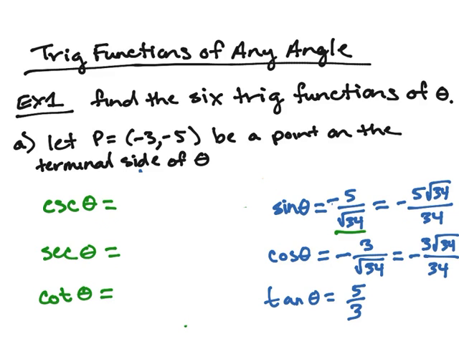So I want to look at this ratio for sine, take the reciprocal, that gives me the answer for cosecant. So it's going to be negative square root of 34 over 5. For cosine, I want to look at this ratio. I get negative square root of 34 over 3. And for cotangent, we get 3 over 5.